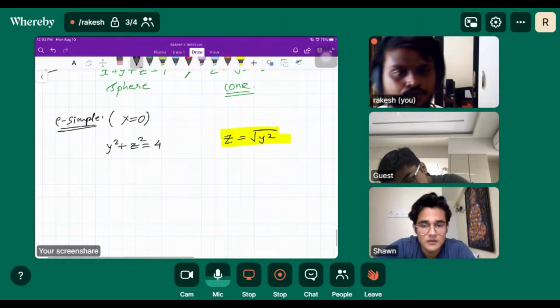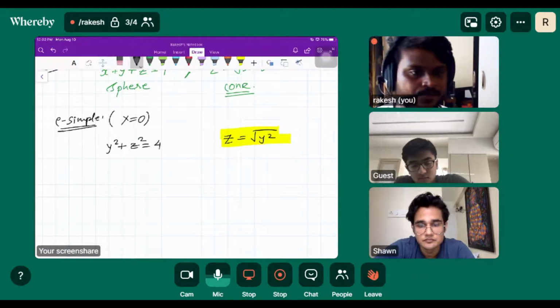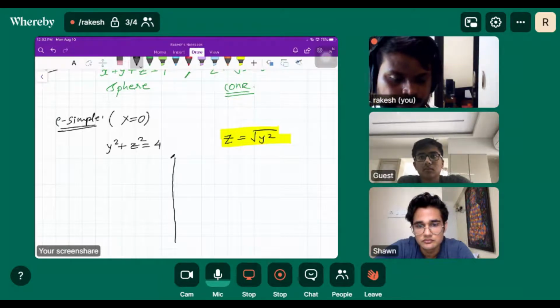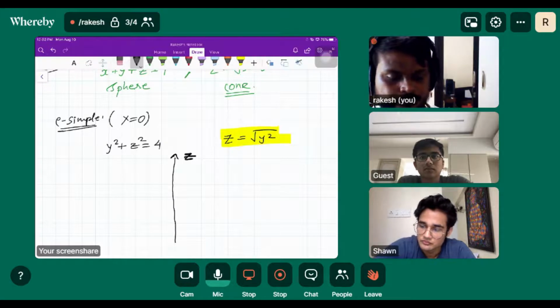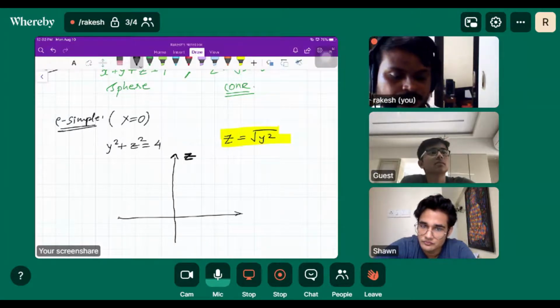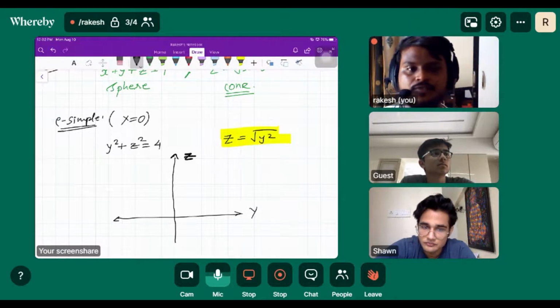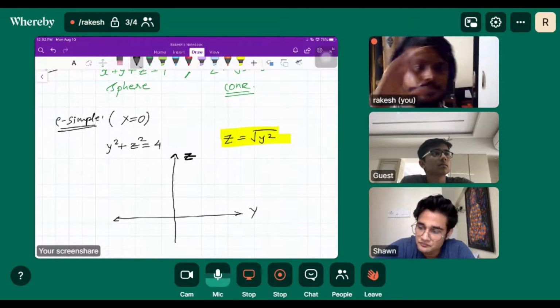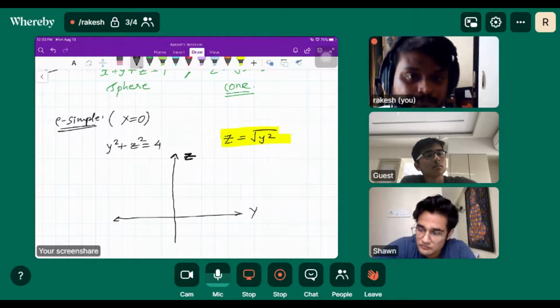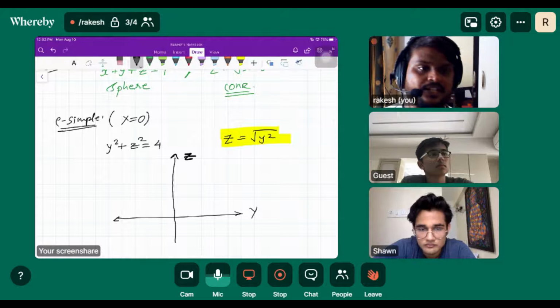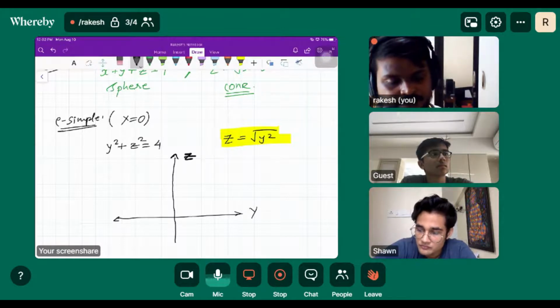Z is equal to root y square, I think in the previous class we did that. So this is y. Okay, so y square plus z square is equal to 4. That's the whole circle, right? With radius 2, center at 0 0, right?